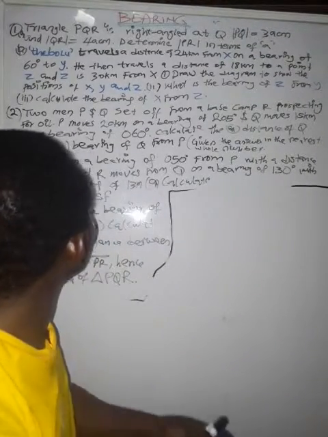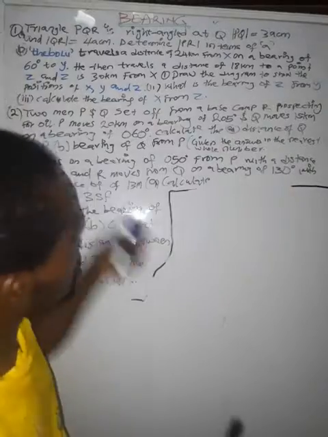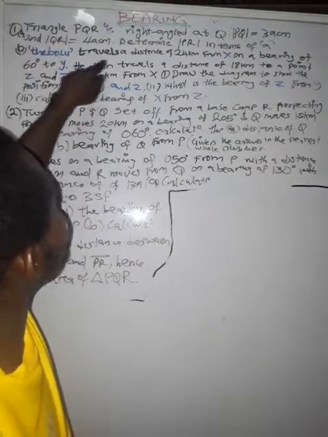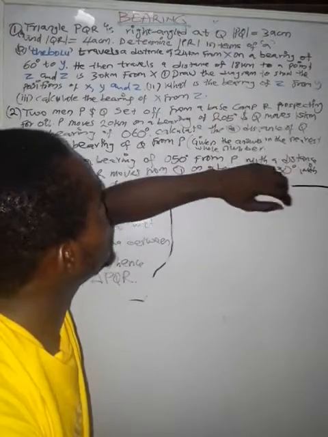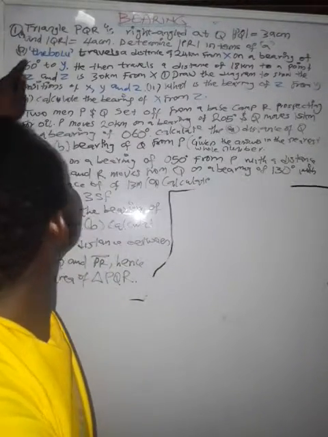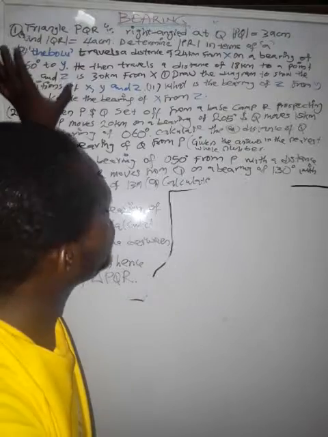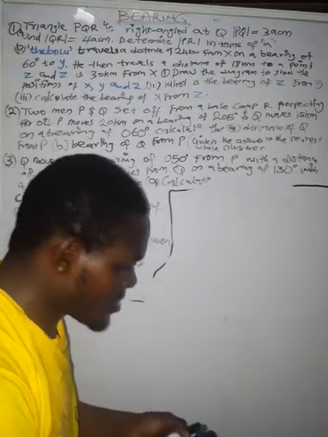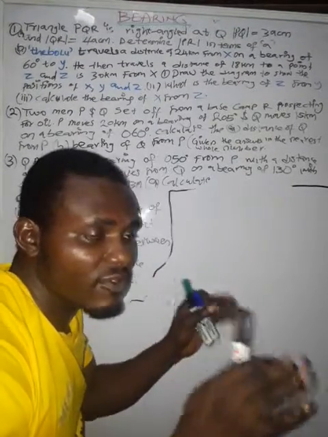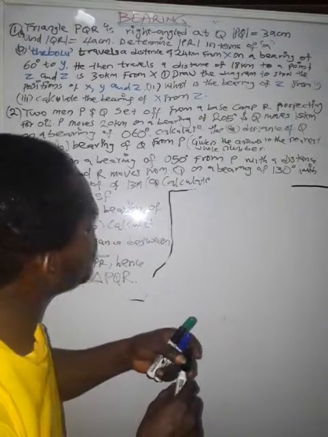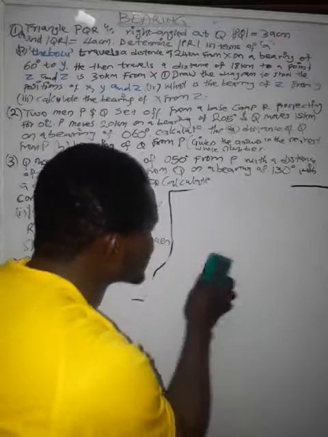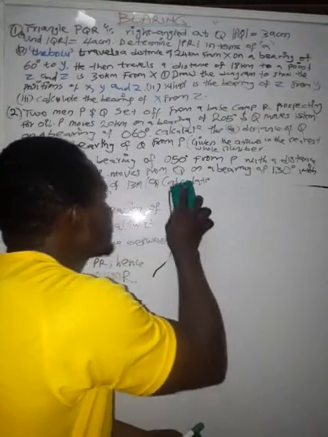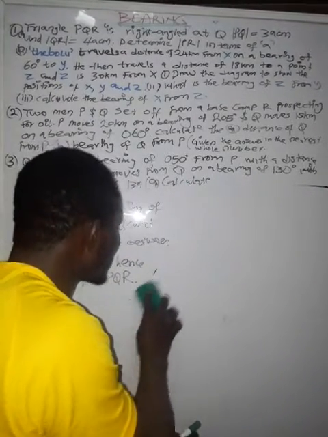Now the first question that says something on bearing is this. Bolu travels a distance of 24 kilometers from X on a bearing of 60 degrees to Y. So let's interpret. So Bolu started from a point, and that is what you need to know. And let me clarify something, because this is where most people make mistakes when answering questions on bearing.